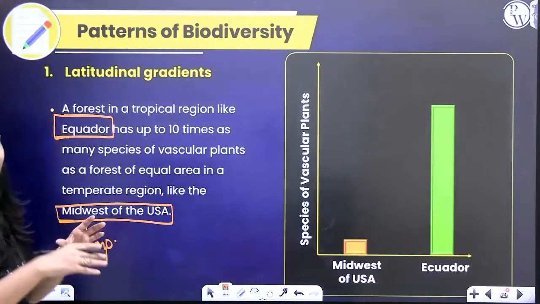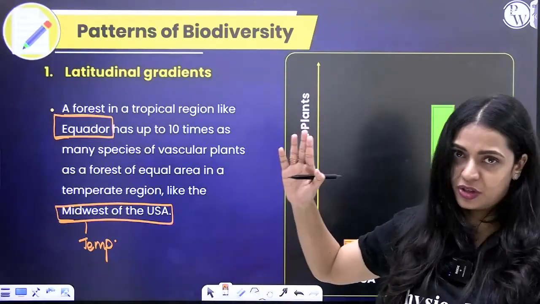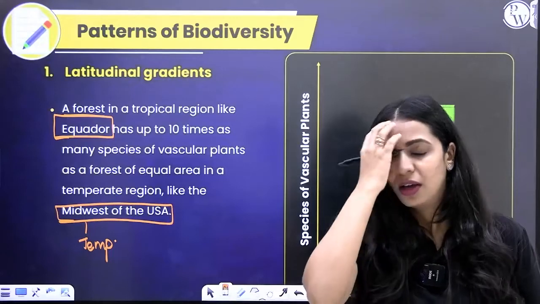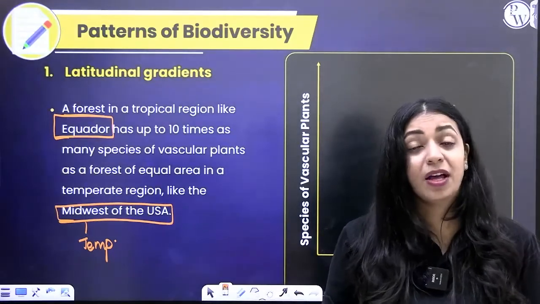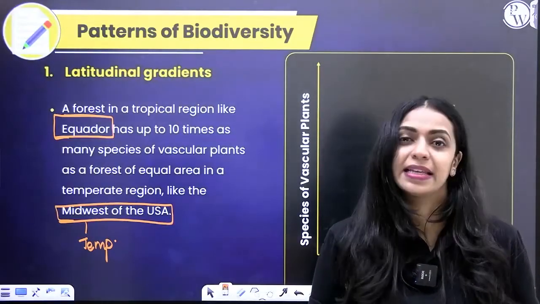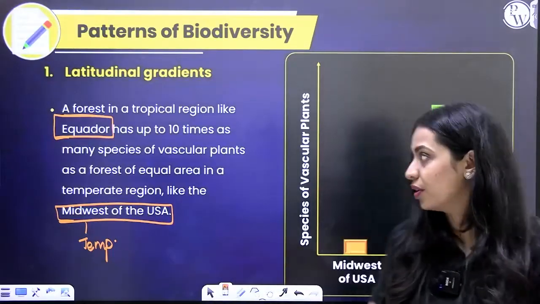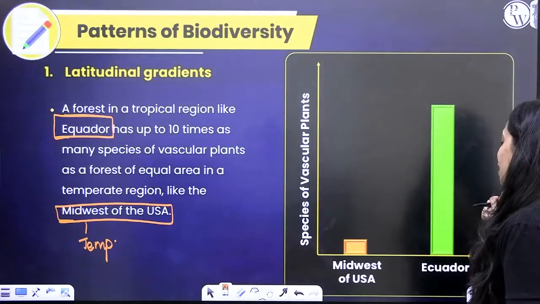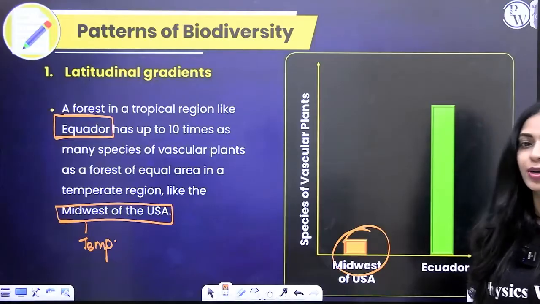If you consider the vascular plant species diversity in both of these areas, you can see clearly that the species diversity in Ecuador is at least 10 times greater than the vascular plant species diversity that you find in the Midwest USA.